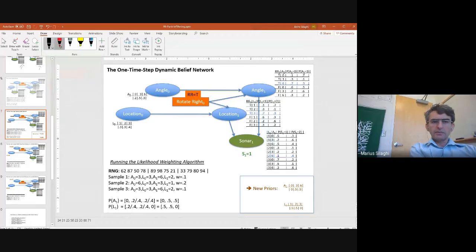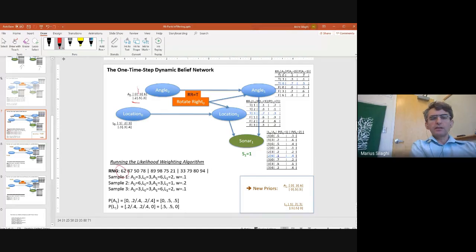So the first random number here is 62, which means below 20, it would have been 0. Below 20 plus 5, which is below 70, it's angle 3. Yes, 62 is below 70, so we say we are at angle 3. Clear? How we sampled angle?